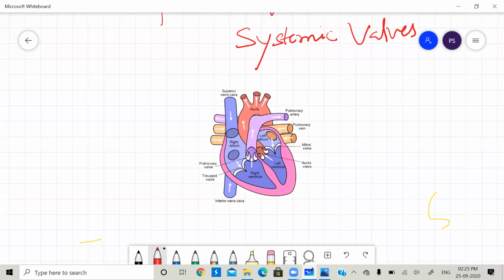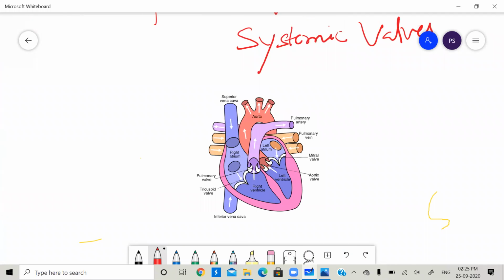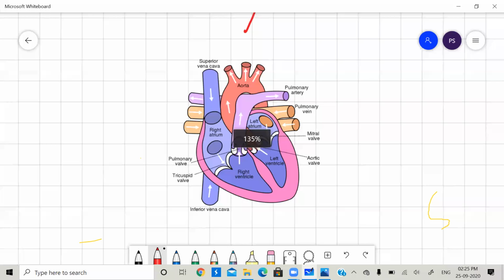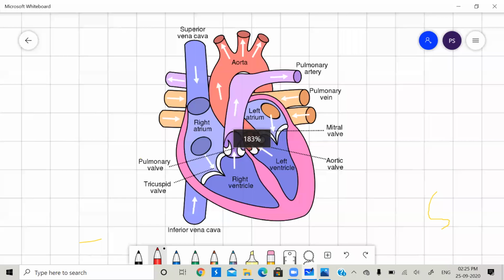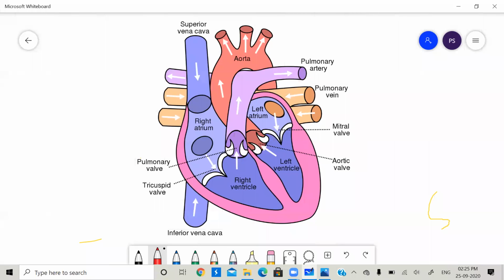Here is the internal structure, somewhat clearer than what I drew. This is the heart. This is the left atrium or left auricle, this is the left ventricle, this is the right atrium or right auricle, and this is the right ventricle.